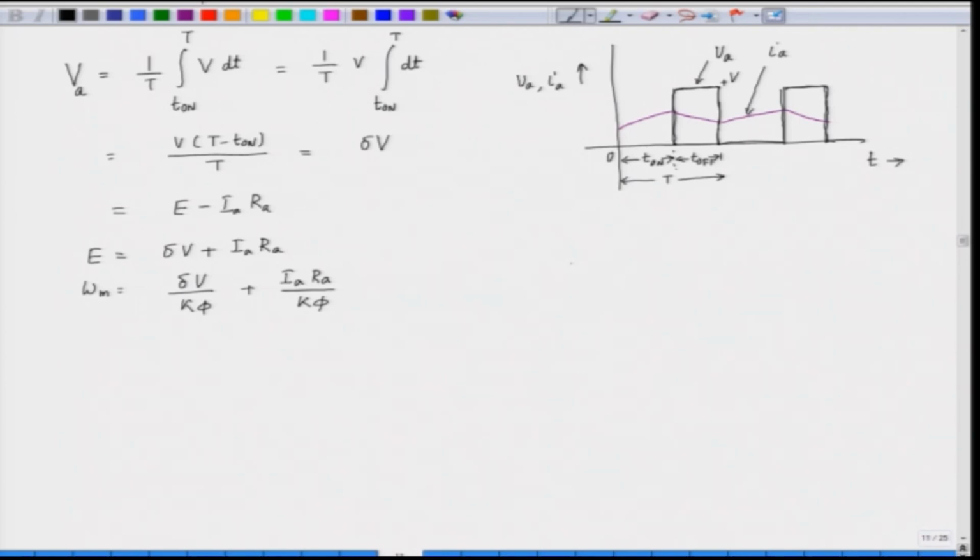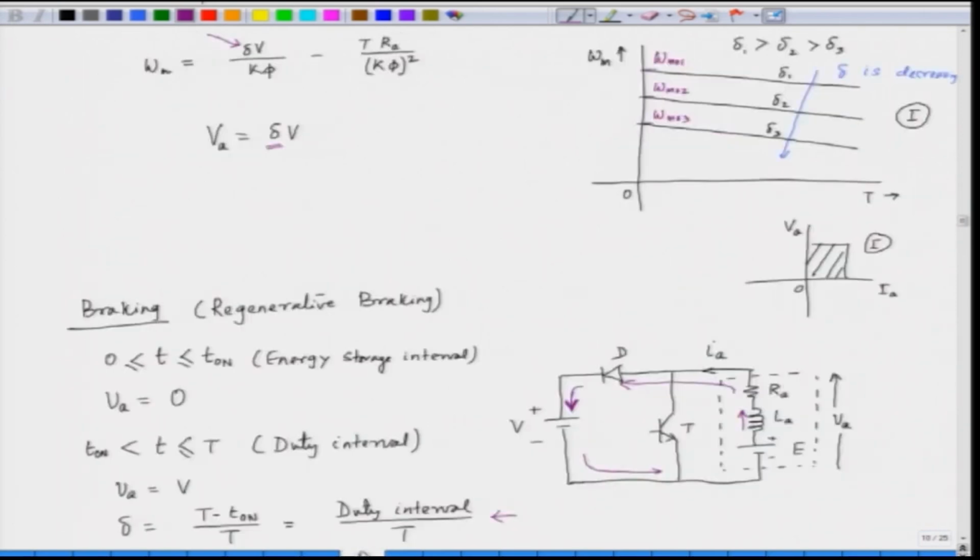Now, what about the torque here? The torque is given by this expression, minus k phi I a. Why do we have a negative sign here? We have a negative sign because we assume that the current is opposite to the natural convention. Usually current enters the armature, here we are assuming current is out of the armature.